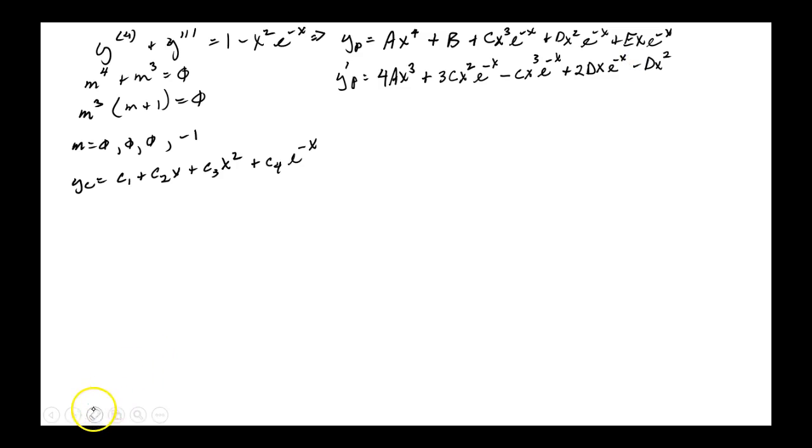Minus dx squared e to the minus x. And then the last one is plus e to the minus x minus ex e to the minus x.